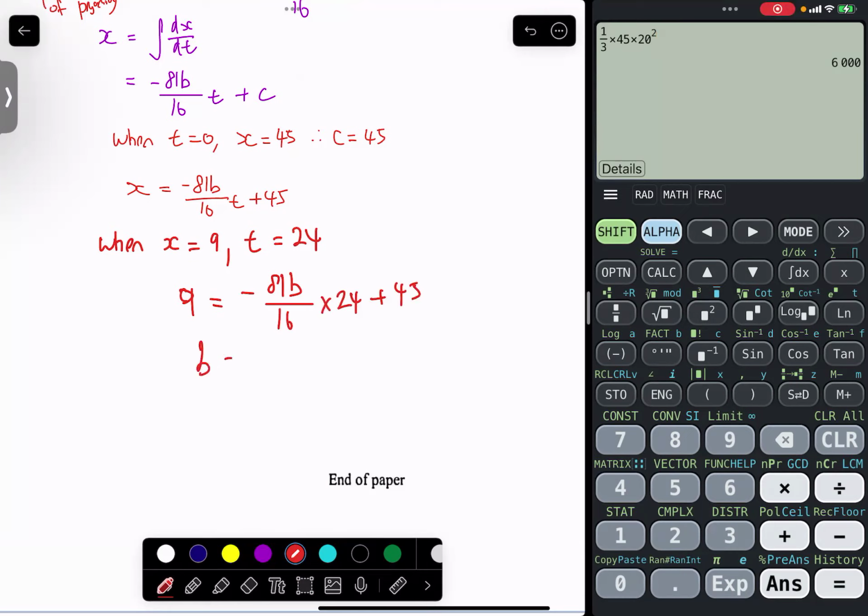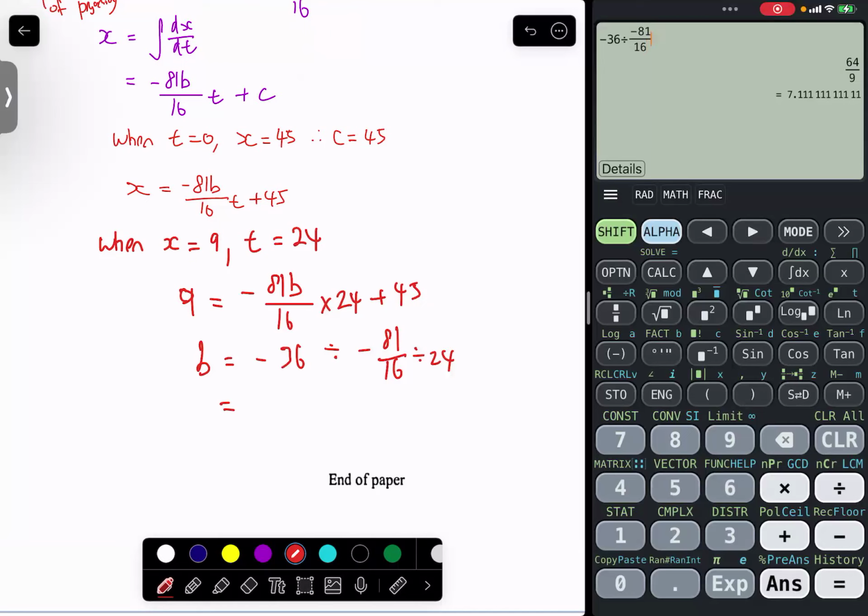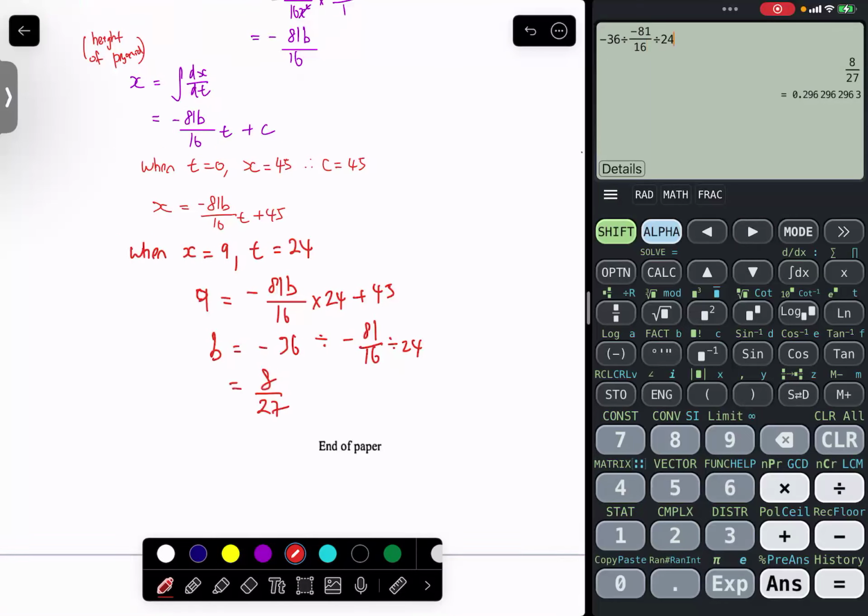So b equals negative 36 divided by negative 81 over 16, divided by 24, which equals 8 over 27. So we found the value of b.